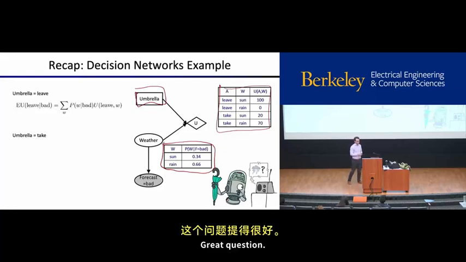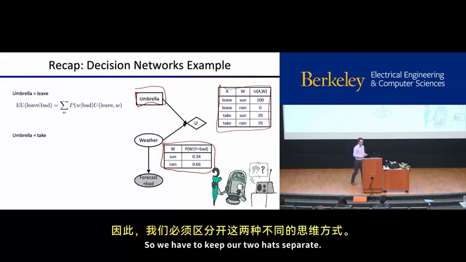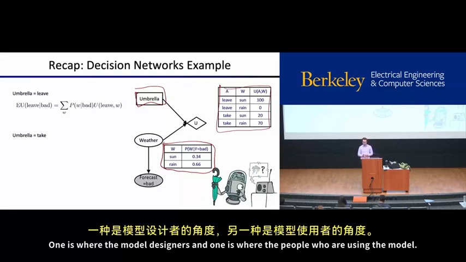And so what do we do? Well, we say that the expected utility of leaving our umbrella behind when we see that the forecast is bad is, well, we're going to sum over all the probabilities of weather given that we had a bad forecast. And these come from our Bayes net. We can calculate them with Bayes nets.